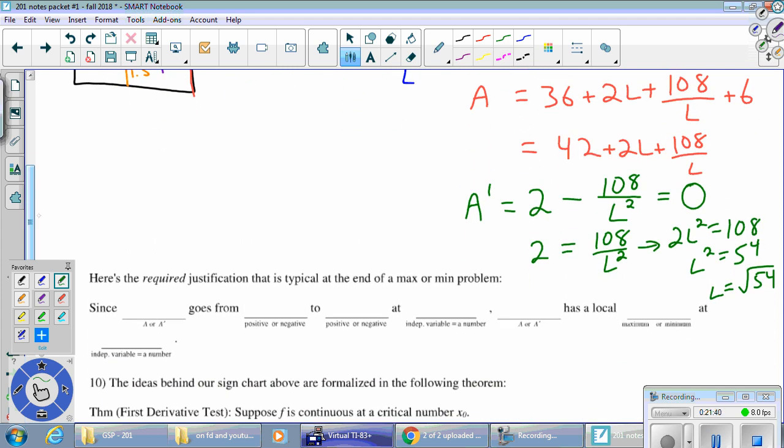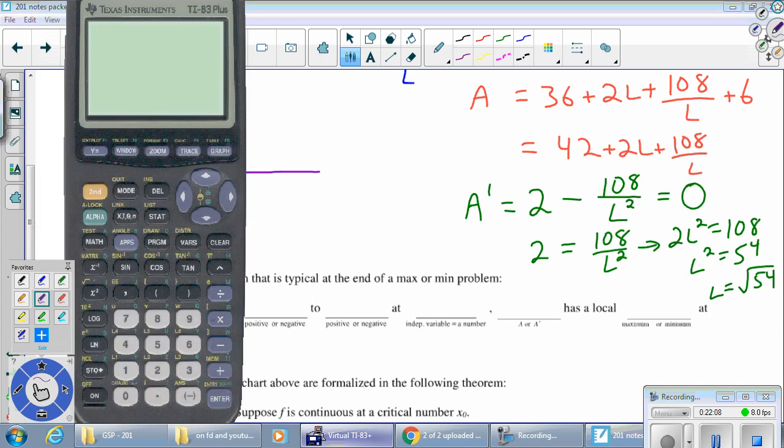Okay, so we're going to do a sign test, the very first sign test, the first of many sign tests this semester. Here we go. You're going to put that critical number on the page, square root of 54. You could simplify it if you want. In fact, why don't we just go to decimal form, make it a little bit friendlier for us.